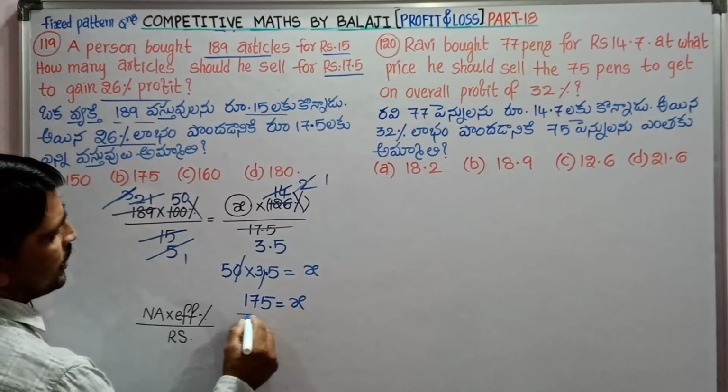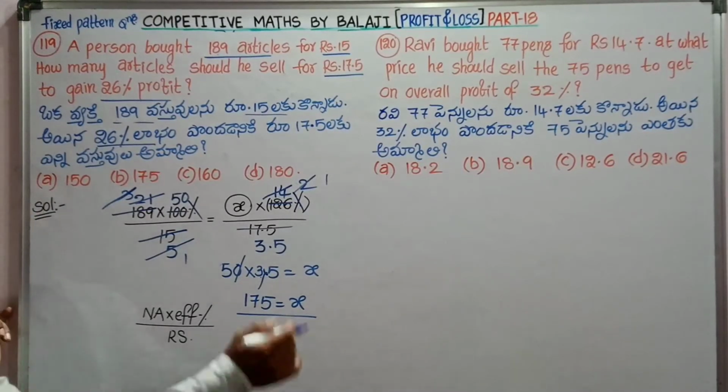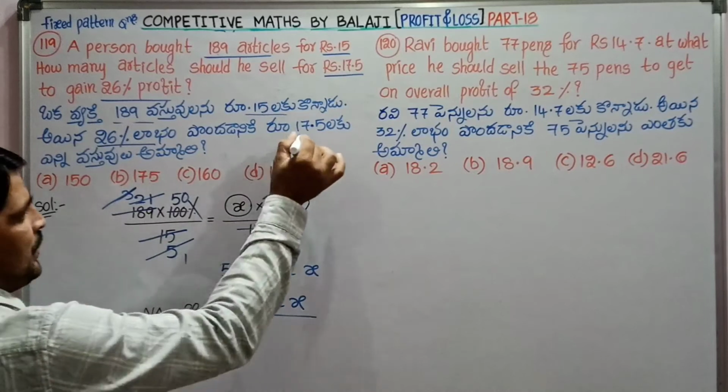So to get 26% profit, he has to sell 175 articles for 17.5 rupees.